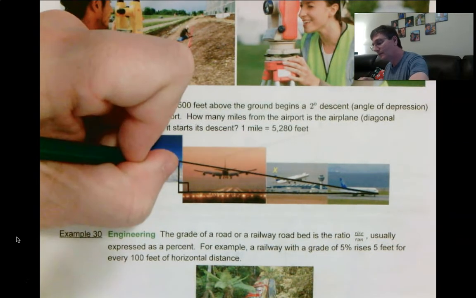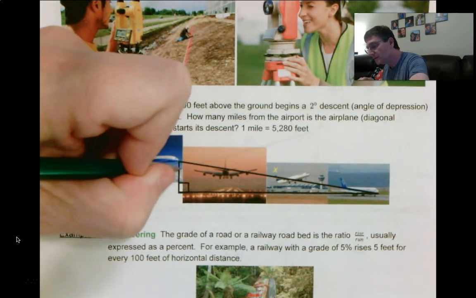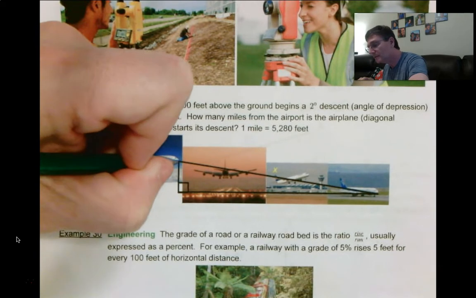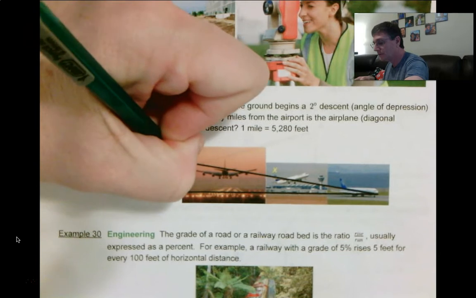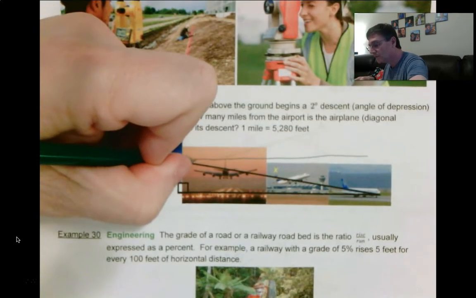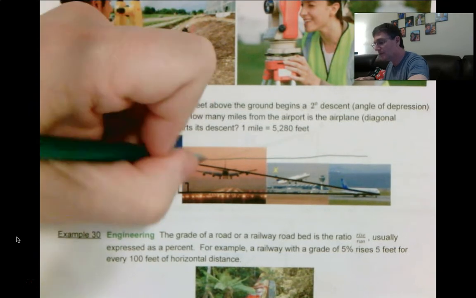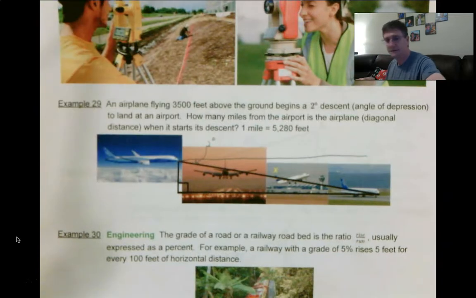2-degree descent angle. A lot of people will put the 2 degrees in here. That's incorrect. That would be measured from a horizontal. We mentioned many times in part 1 that angles of depression and elevation are always measured from a horizontal, not the vertical. So this is the 2 degrees.